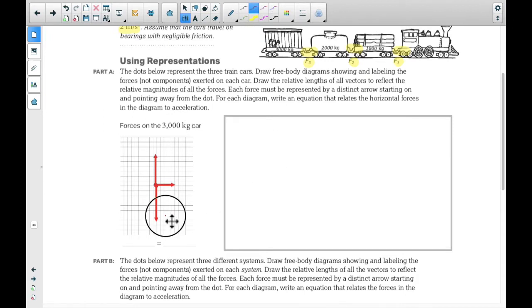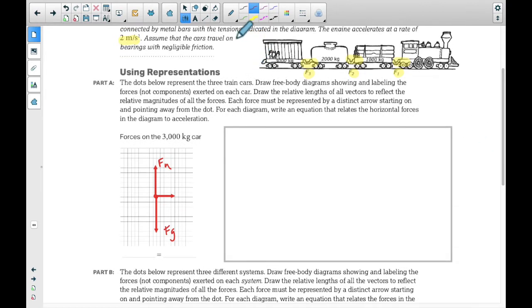And so this is my free body diagram, where this is the force of gravity, this is the normal force, and then this is another force that we need to investigate. Before we go any further, let's go up to the top again. When we first started this unit, I talked about putting a circle around whatever you're investigating, and that is the big dot of your free body diagram, and then anything that comes into contact is going to be a vector.